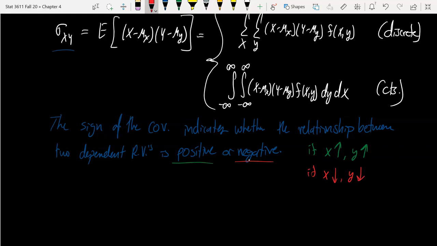And it's really basic. That's all it is, but it is what it is. So what do we mean by positive relationships here? You could think of x as the square footage of a home. Typically, if the square footage of a home increases, we would expect the price y of that home to increase as well. So we would say that the square footage and the price of a home have a positive covariance.